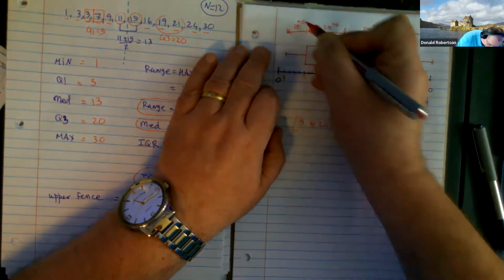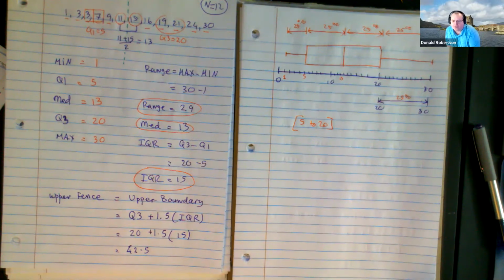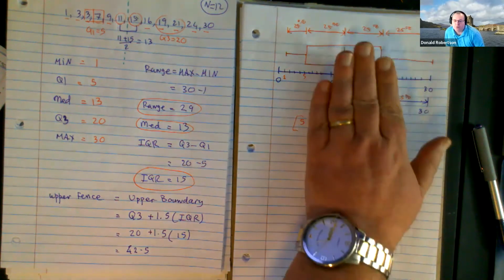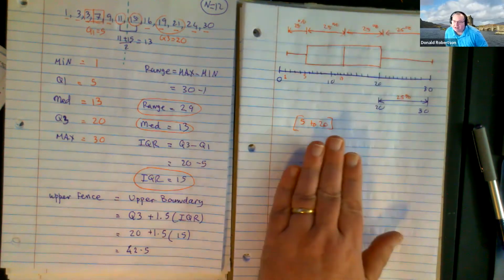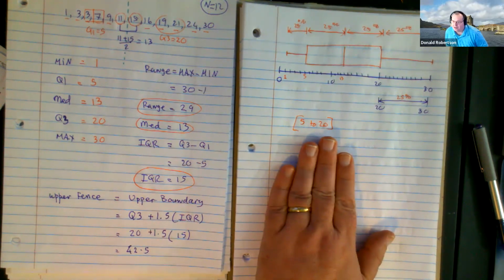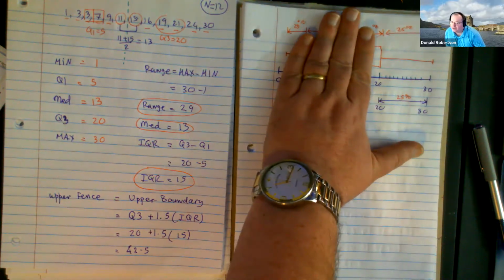If I said to you, what age is the bottom 25%? Wouldn't the answer be from 1 to 5? That's the bottom 25%. What age are the top 25% in? Wouldn't they be in the age range 20 to 30?